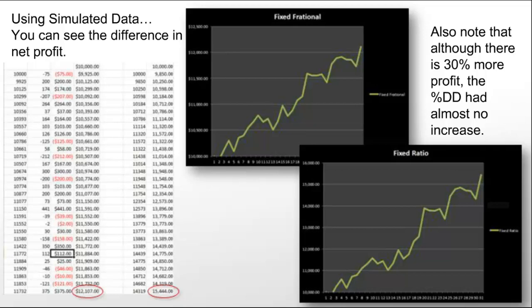The fixed ratio money management strategy generated a 15%, or I'm sorry, a $15,000 return. So that is a 30% increase in equity with virtually no increase in drawdown. What we can do with fixed ratio money management is increase our return without increasing our drawdown, relatively.